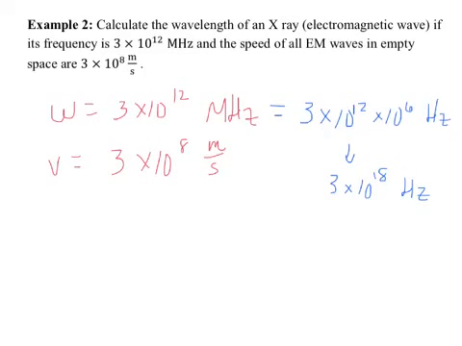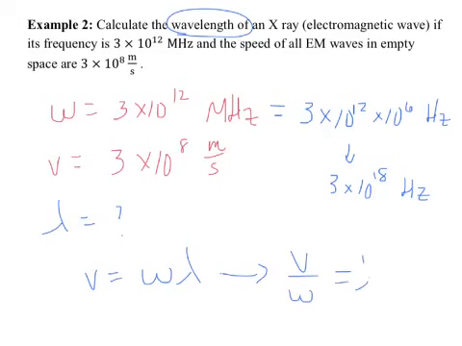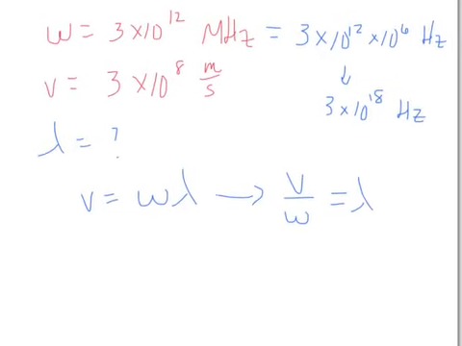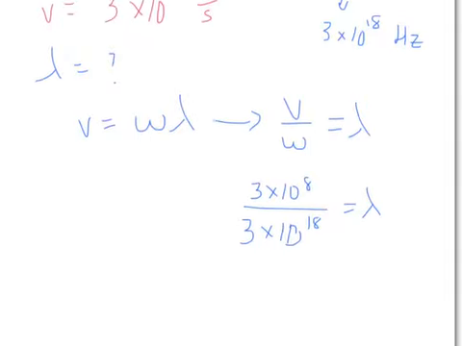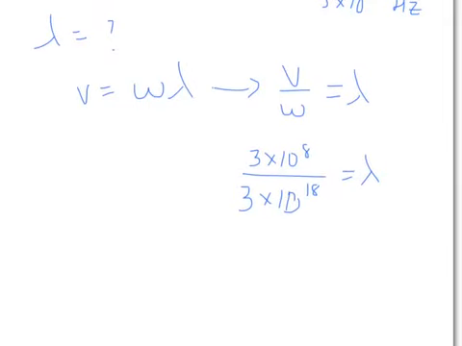So we're going to solve for our value of lambda, the wavelength. Lambda is the question. So we start with V equals omega lambda, divide by omega on both sides. So the velocity, 3 times 10 to the 8, over the frequency, 3 times 10 to the 18, is equal to lambda. And that's going to give us a value of 1 times 10 to the negative 10 meters for lambda.